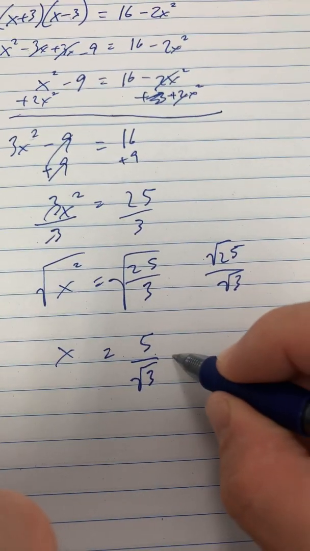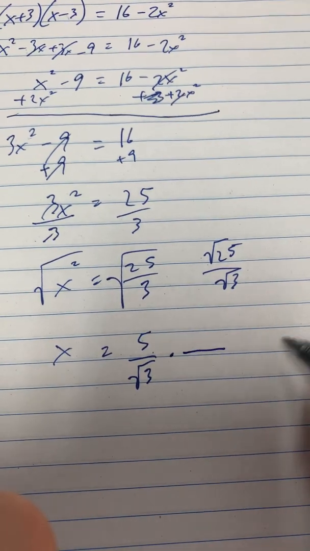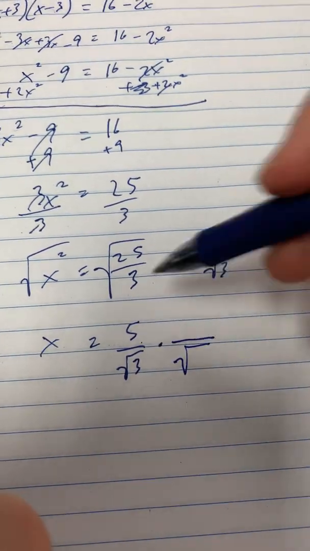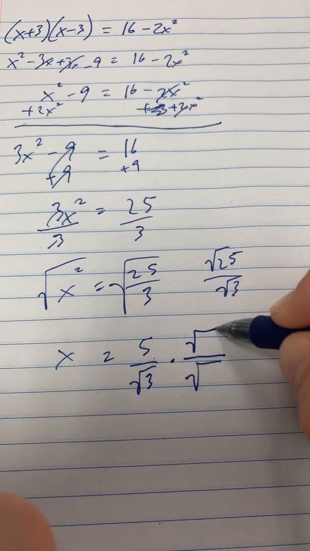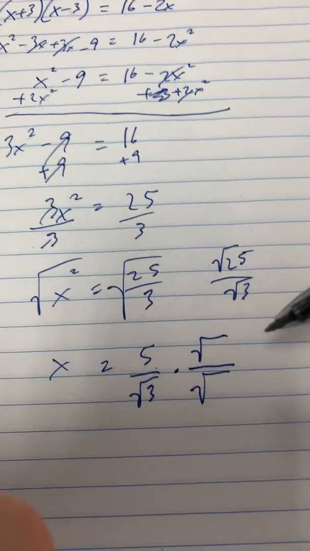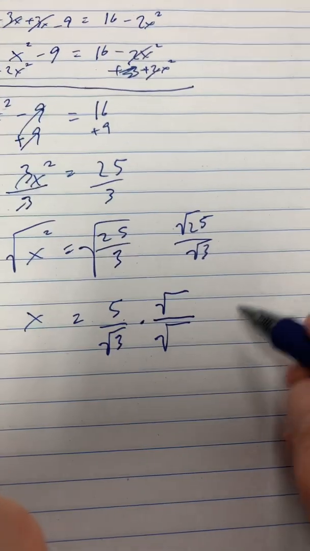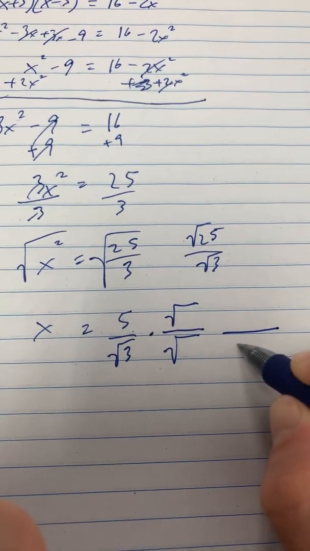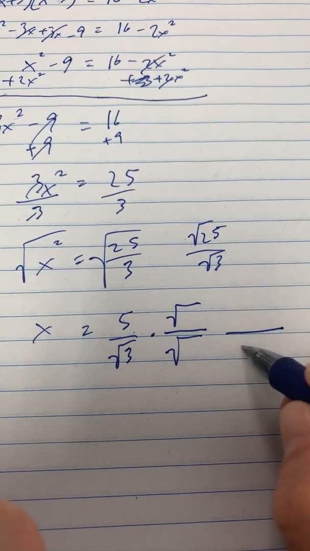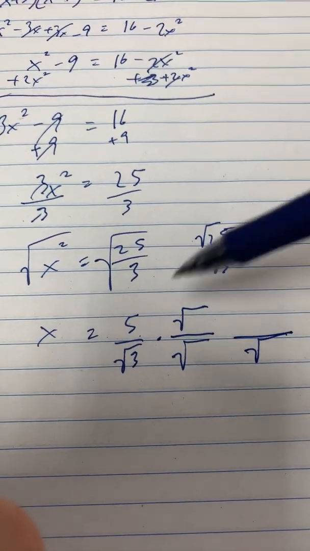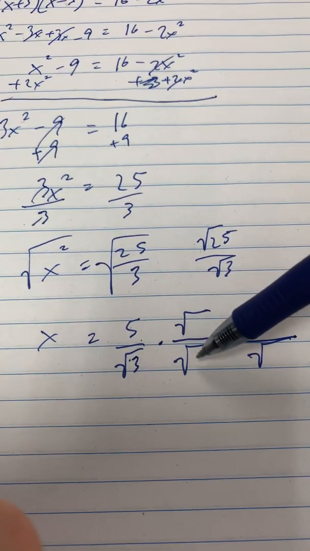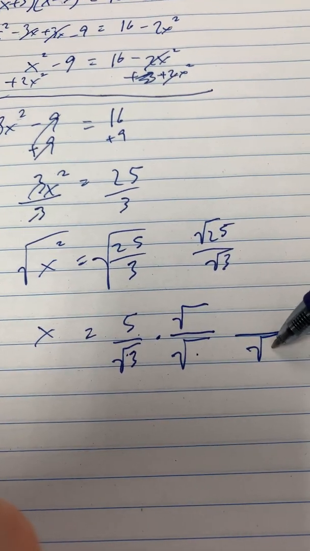So do you remember how to deal with this? We want to multiply the square root of 3 times the square root of something over the square root of something, the same thing on top and bottom, so that we end up with a perfect square over here. If I take the square root of 3 times the square root of 2, that gives me the square root of 6, which is not a perfect square.